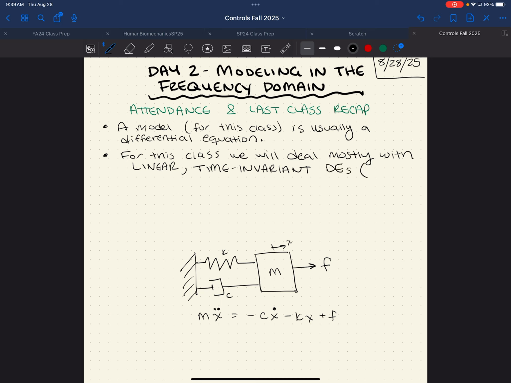And in the field, we will usually refer to these as LTI systems. LTI means linear, time invariant.